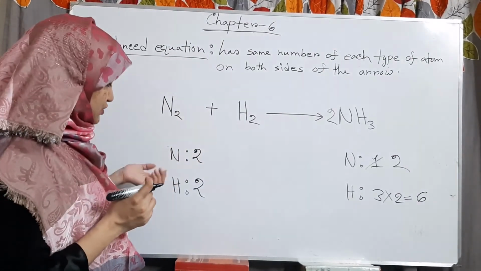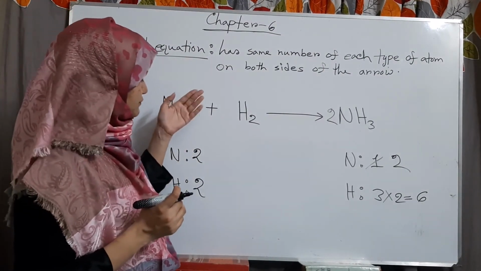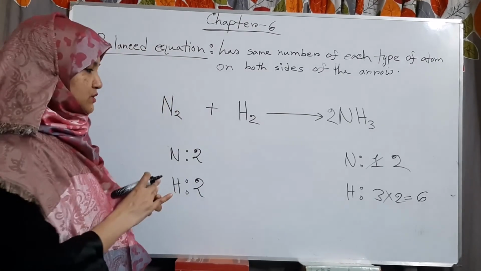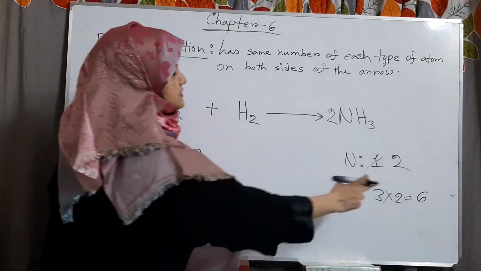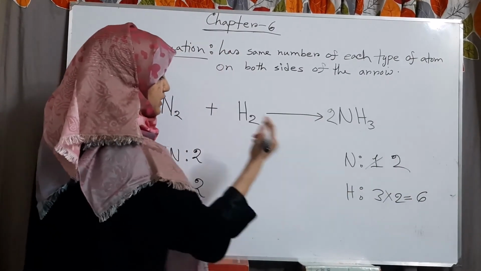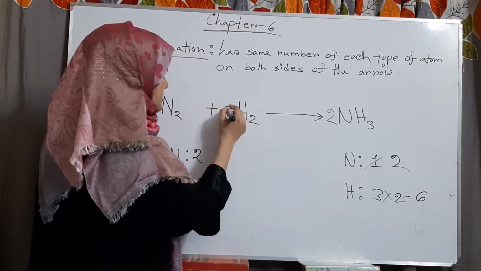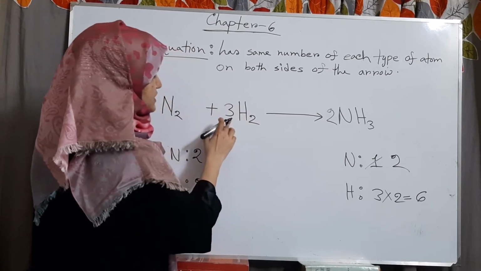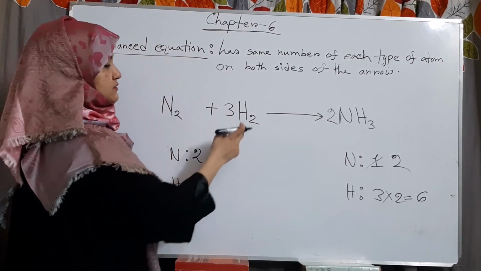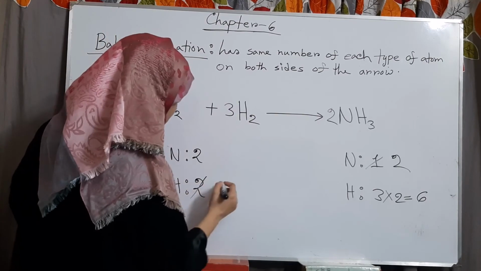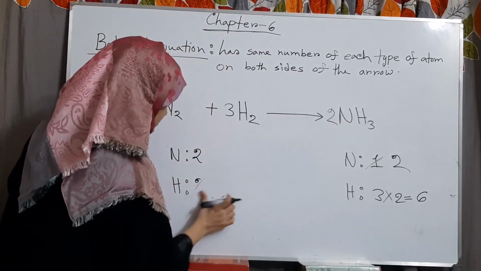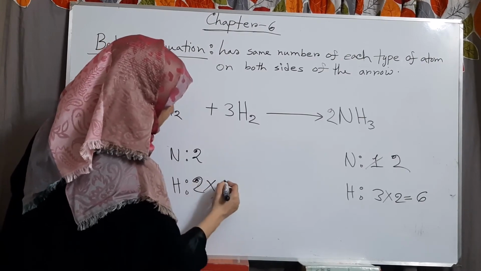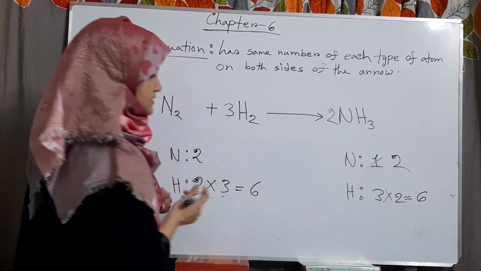So we have to choose another number. This is 2, this is 6. If we put 3 as a coefficient here, then we get hydrogen 6.